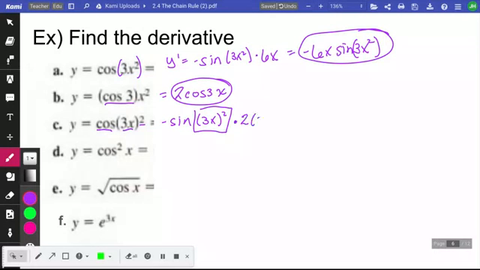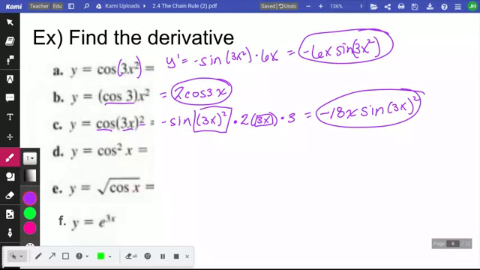So I'm going to have 2 times 3x times the derivative of that inside, which is just 3. So when I simplify, negative 3 times 3 times 2 is 18x sine of 3x quantity squared.